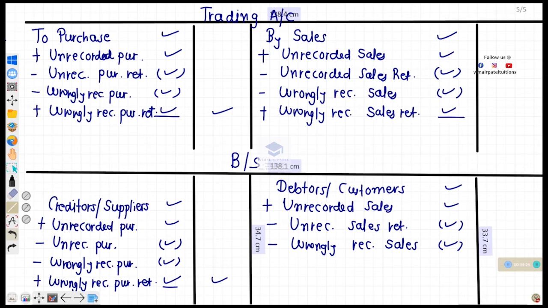Wrongly recorded sales return will be added to sales as well as added to debtors.